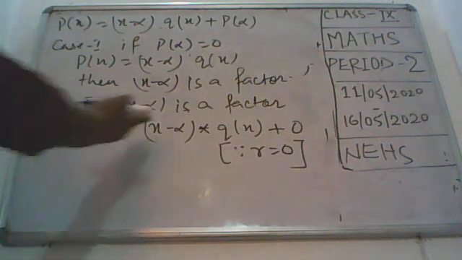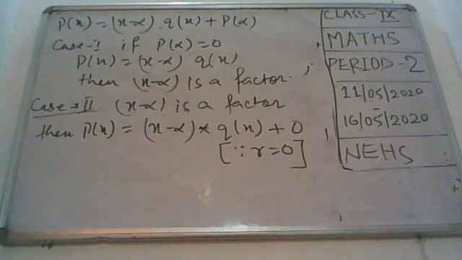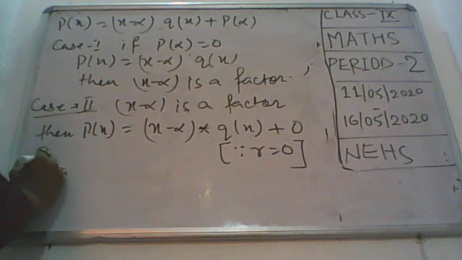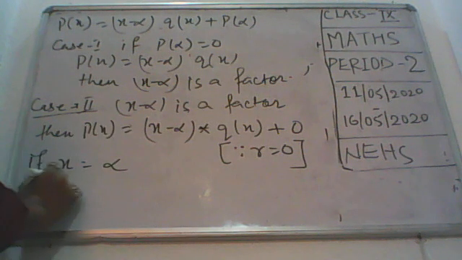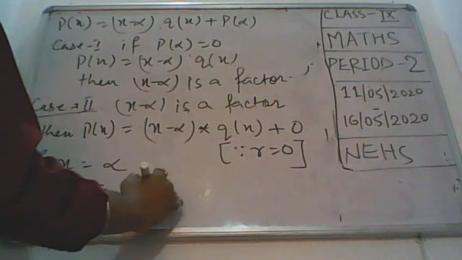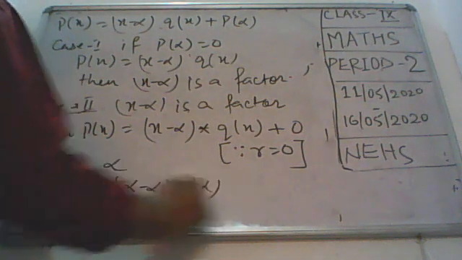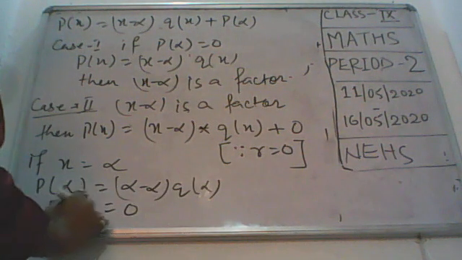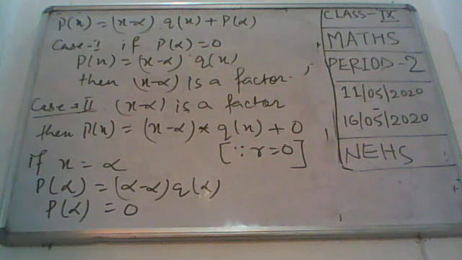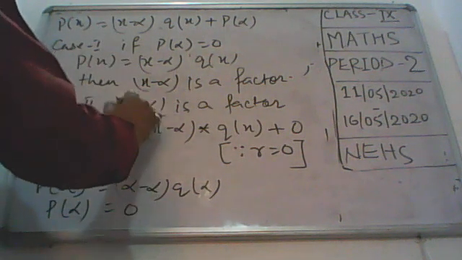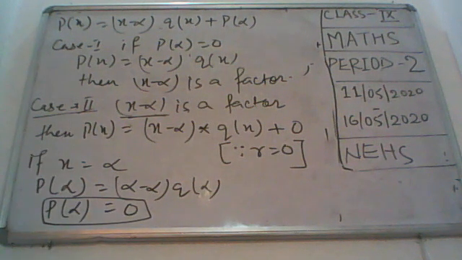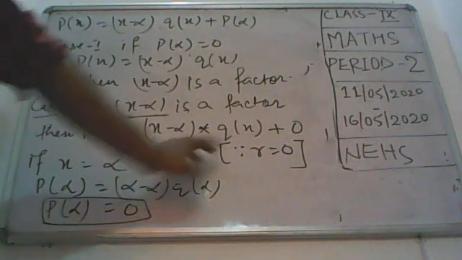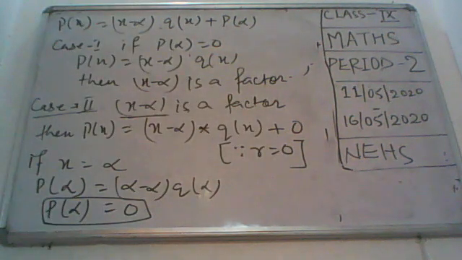So we can say, if x is equal to alpha, then p(alpha) is equal to (alpha minus alpha) into q(alpha), that is 0. p(alpha) is equal to 0. So it proved that x minus alpha is a factor, because p(alpha) is equal to 0. If the remainder is 0, then it is a factor. If it is a factor, then the remainder is 0. This is what we had to understand here.